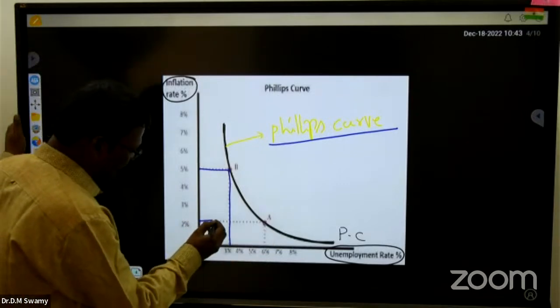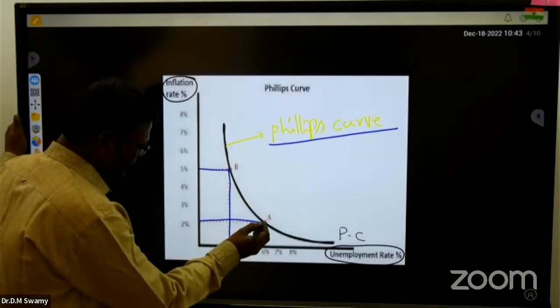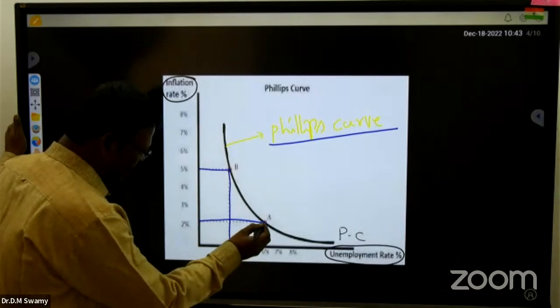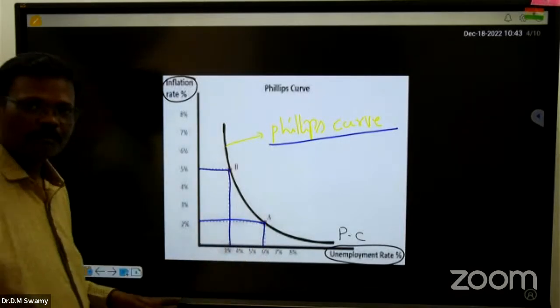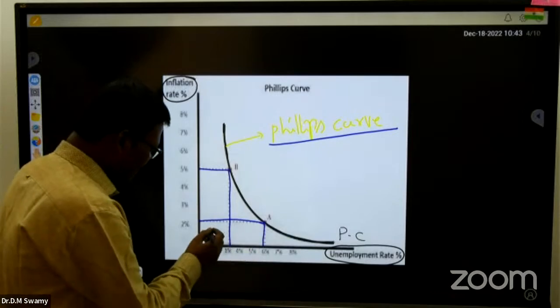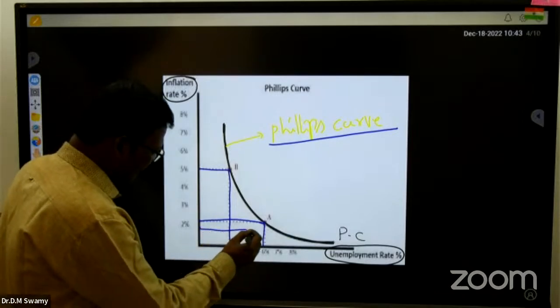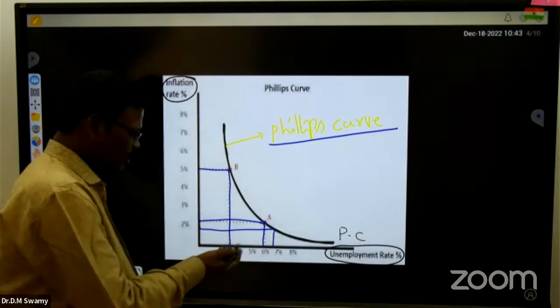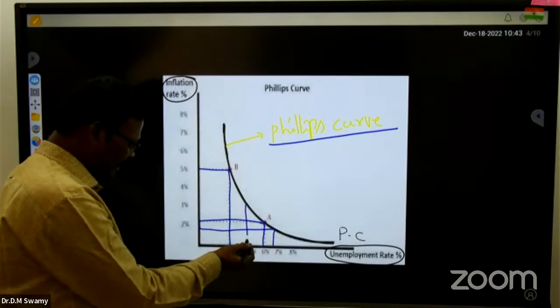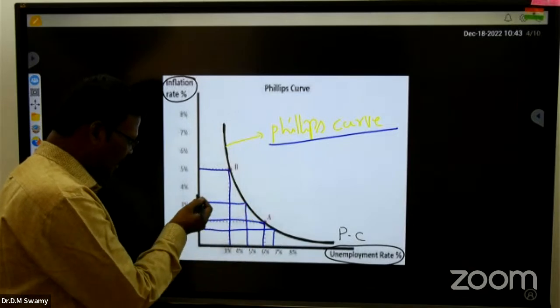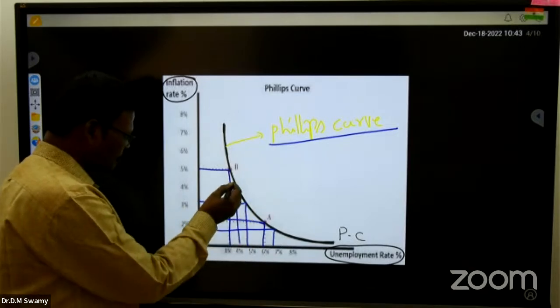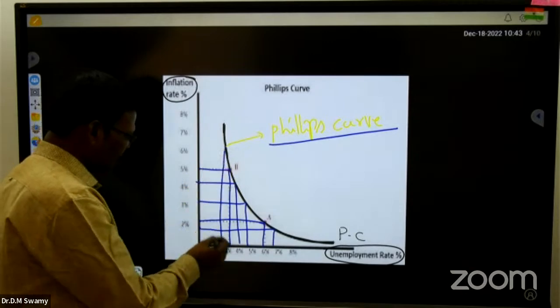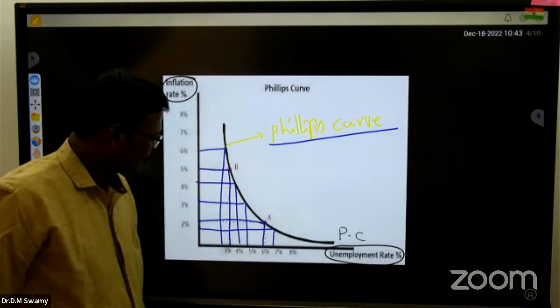Less inflation rate means there will be more unemployment rate in the country. As the unemployment rate increases, the inflation rate comes down. If the unemployment rate decreases, the inflation rate increases.